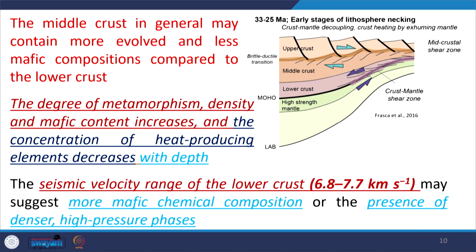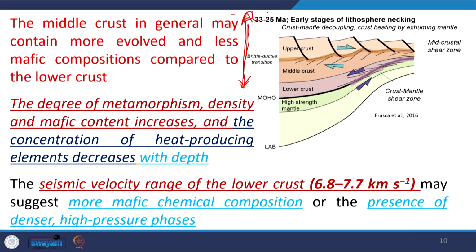Now, the middle crust in general may contain more evolved and less mafic composition compared to the lower crust, because we know once we are going from top to bottom, the mafic content increases, the ductility increases, and towards the upper the felsic content increases.